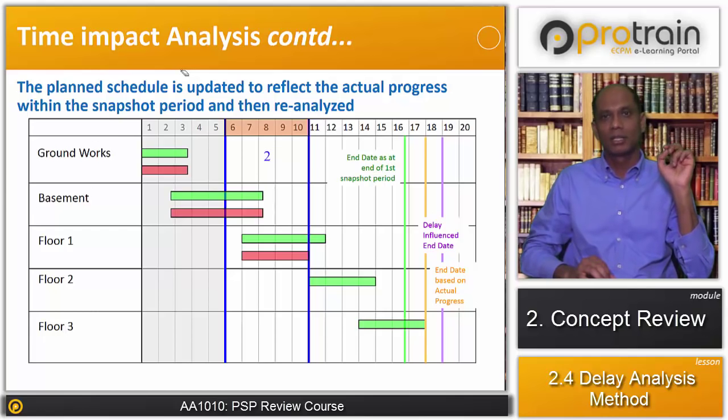So this is how the time impact analysis method works. Essentially, we have to take the updated schedule just before or near the start of the delaying event, and then insert the delaying event as a fragment in the schedule and analyze the impact of it.